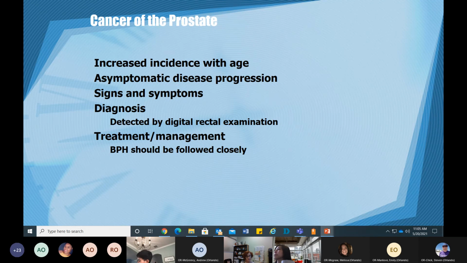But for nurses, some of our interventions for this, we need to focus on the patient's anxiety and their fearfulness, because cancer of the prostate is kind of scary. They may not understand about the surgical procedure, so we be sure we do lots of teaching for them. There might be some pain at that surgical site, so we teach them about all those things. After surgery, there might be a little bit of a problem with urinating because of the swelling due to the trauma that occurs.